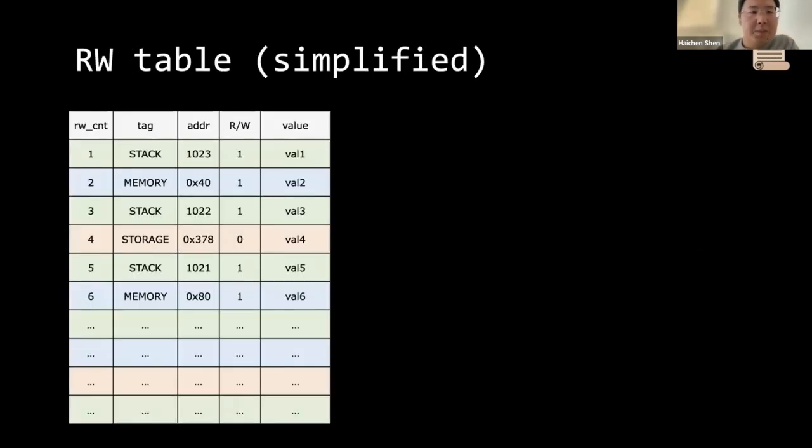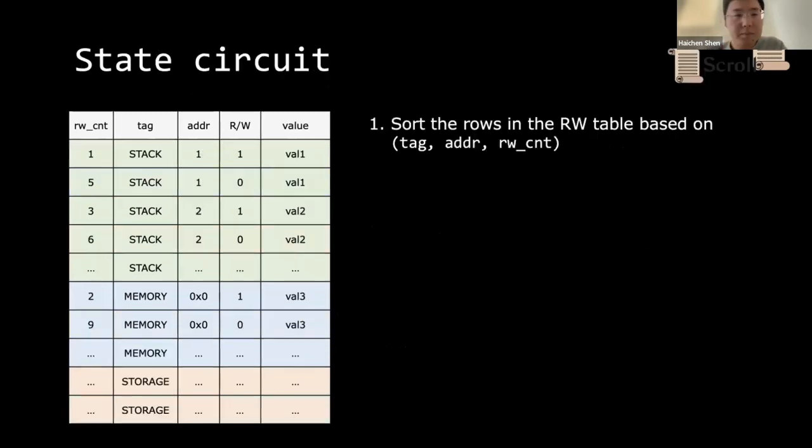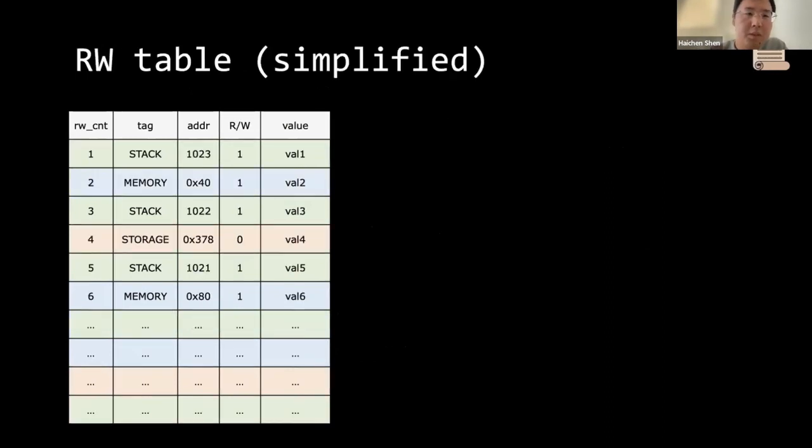So let's bring back the RW table, which is also a little bit simplified, so it's easier to illustrate, but the actual circuit will be more complicated. The first step, when you create these RW lookup tables, is these are the records you are parsing. When you parse from your Geth EVM execution trace, you get records, say, where I write to the stack, read something, or write something to the memory, and you have a bunch of records as you pass through your execution trace.